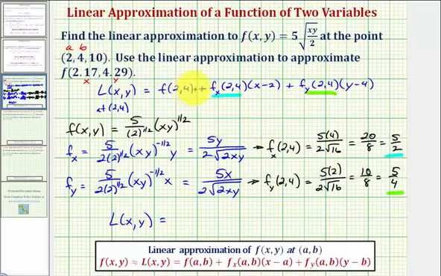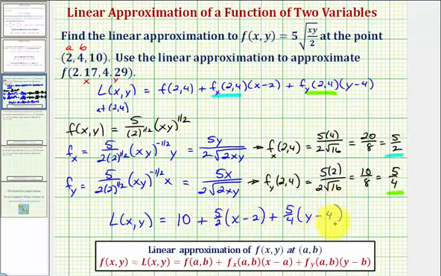Well, the function value here would be the z-coordinate of 10 plus the partial with respect to x at 2 comma 4, that's 5/2, times the quantity x minus 2, and then plus 5/4 times the quantity y minus 4.